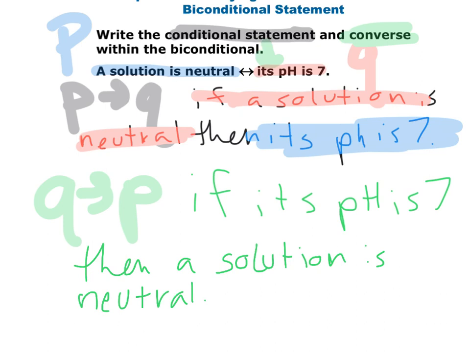So we have our conditional statement here, the first one, and then our converse is the second, which is if Q, then P.